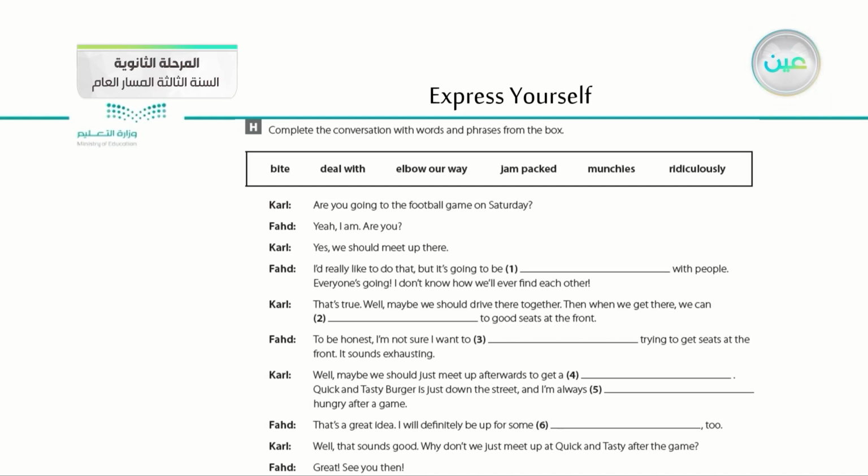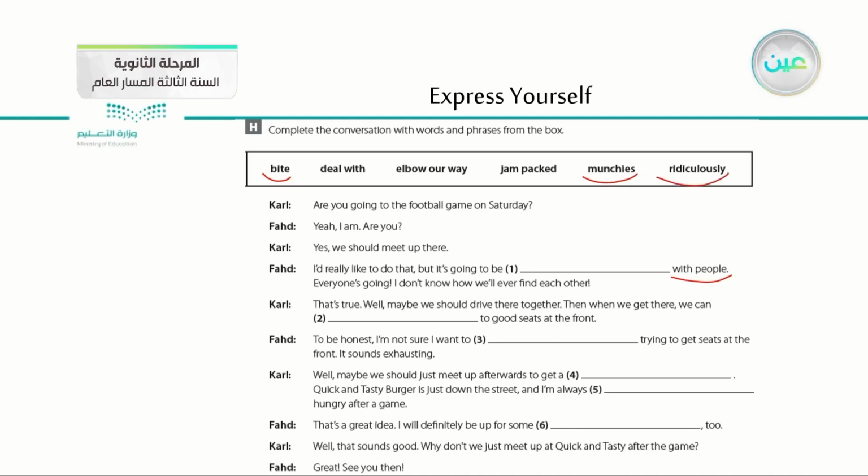So we're talking here about something that is related to people. Which one of the things has no relation, or we can't relate it to people? For example, we have bite, we have munchies, we have ridiculously.